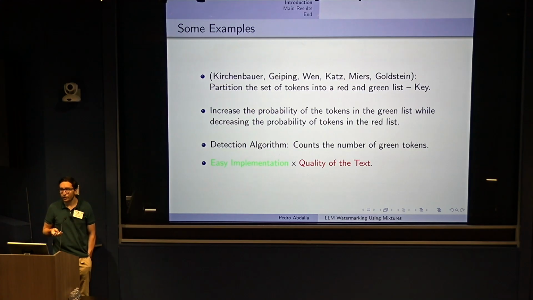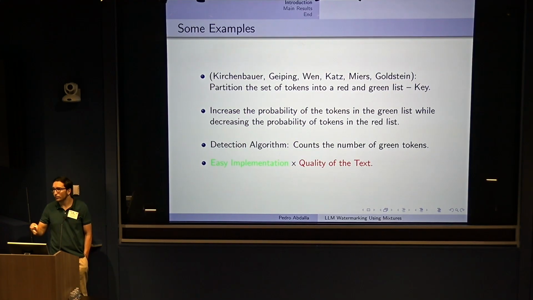Another question in the field that I did not see much work about is: can you do this from the text alone? There are these apps, like GPTZero, directly from the text. You paste the text and it tells you how likely it is to be generated. Okay, to detect, but not to implement the watermarking.